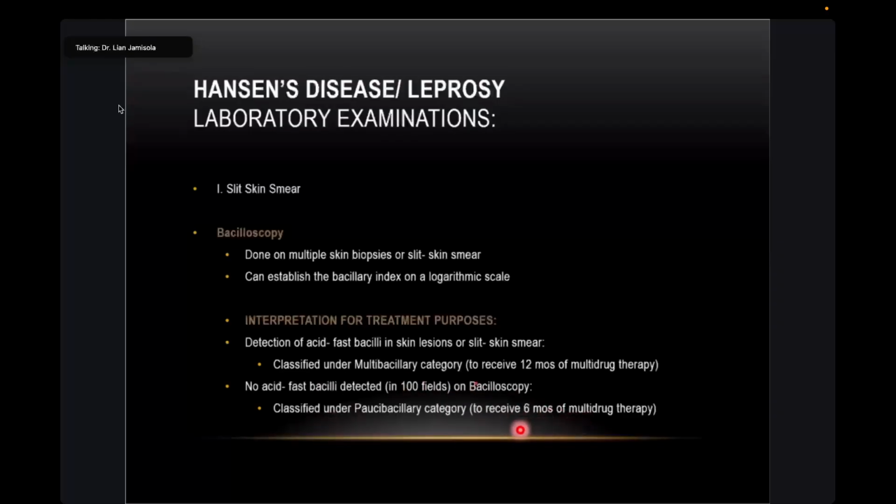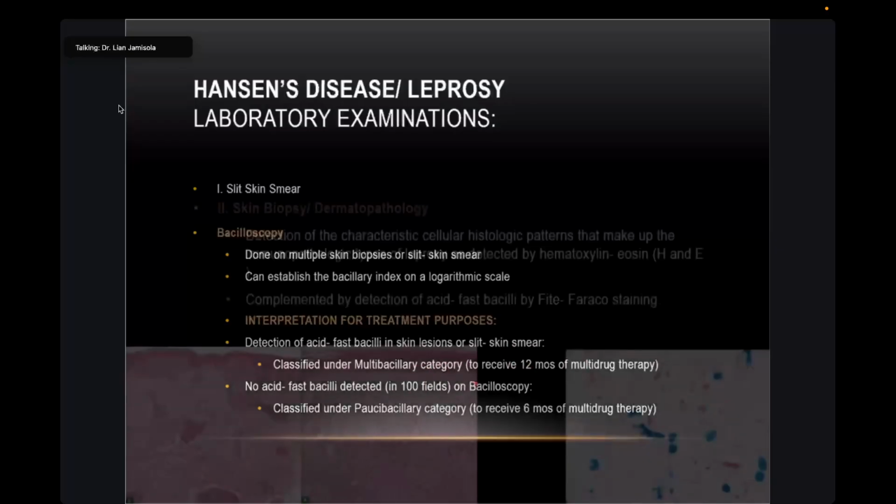And they receive only 6 months. So usually, these patients with paucibacillary present as tuberculoid type. Nandun sila sa tuberculoid pole. Those with multibacillary category, so they detected yung acid-fast bacilli in the slit skin smear, they receive 12 months of multi-drug therapy. They are the ones that are usually on the lepromatous pole.